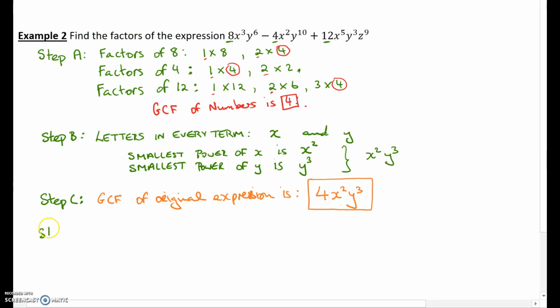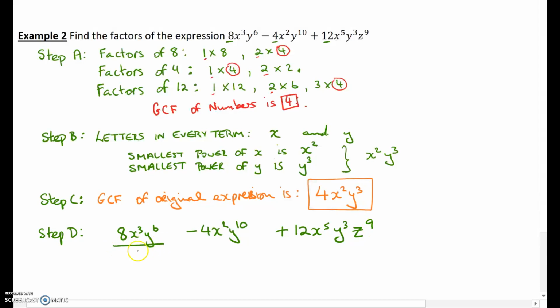Step D. In step D, we divide each of the original terms, that's 8x cubed y to the power of 6, minus 4x squared y to the power of 10, plus 12x to the power of 5, y to the power of 3, z to the power of 9.